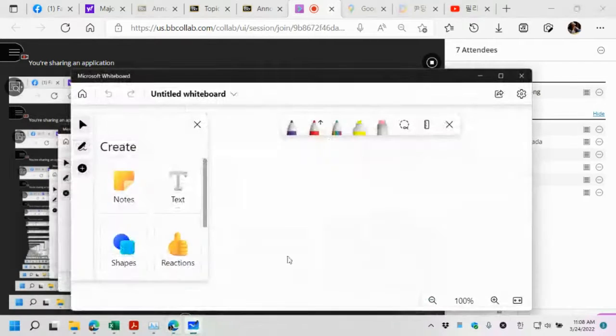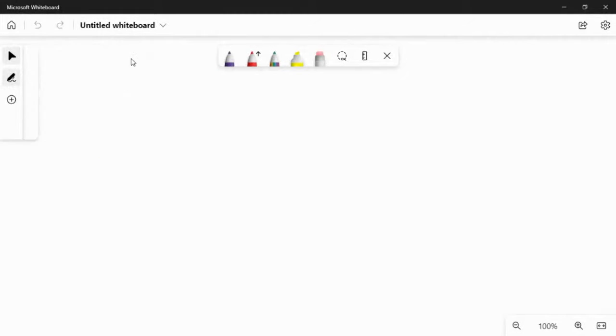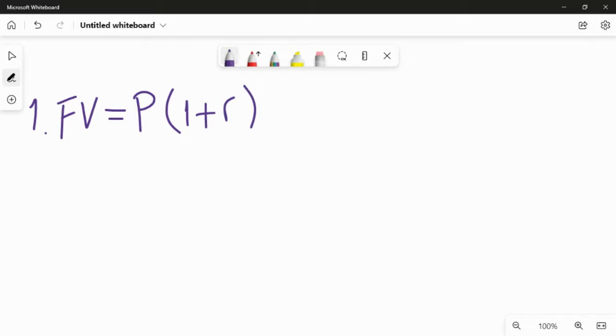So let's pick it up from where we left off. On Tuesday, we talked about what compounding is, and we know this already, because we did it in topic one. This is the base formula. Through compounding, we find future value.